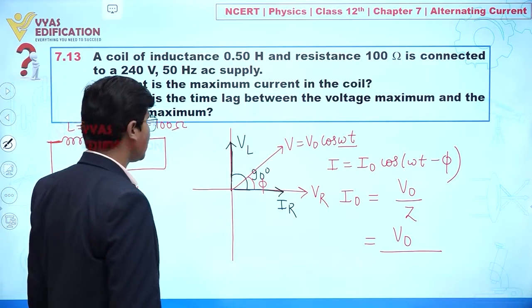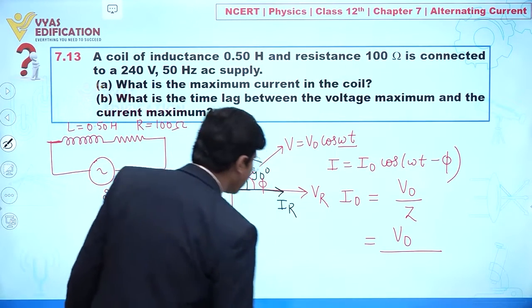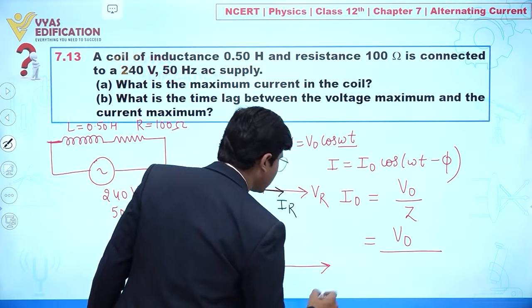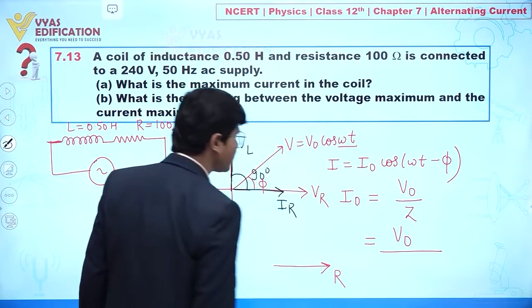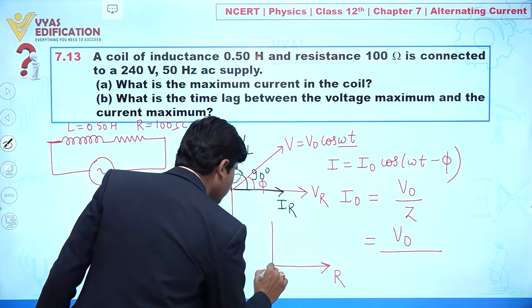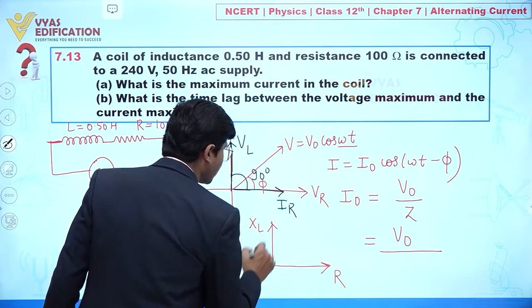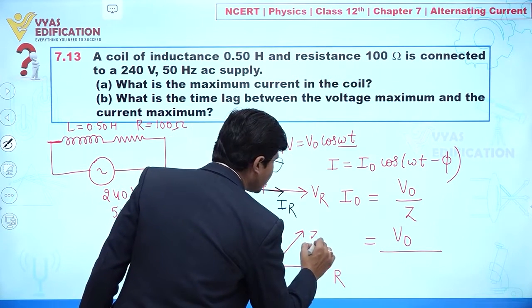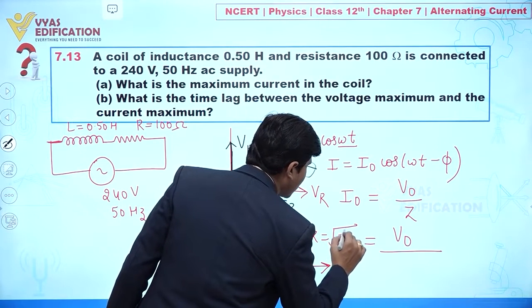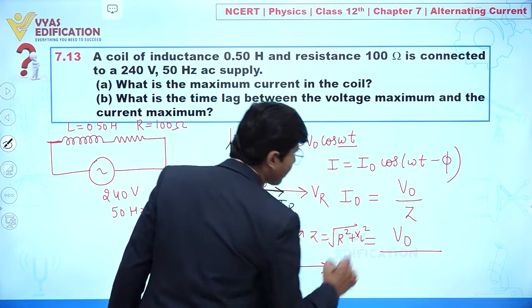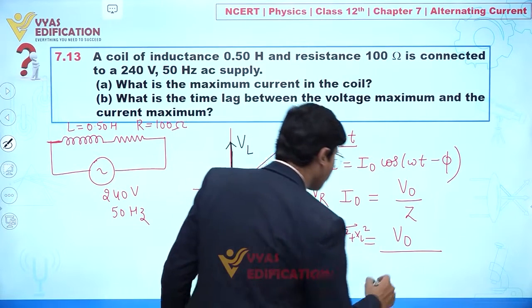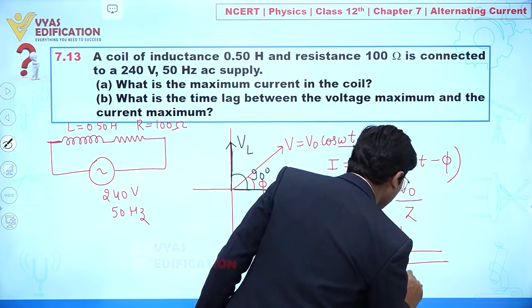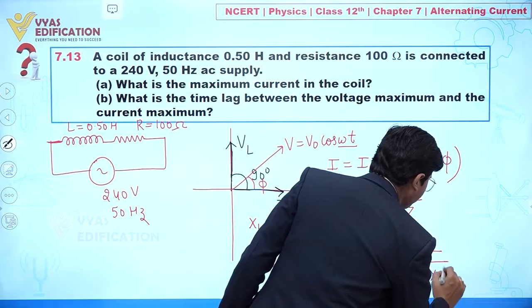If you draw the impedance triangle, in one direction we have resistance and in the other direction we have XL. So the value of Z is the square root of R square plus XL square.